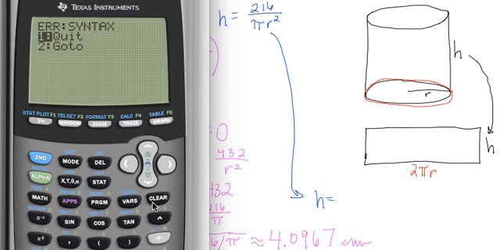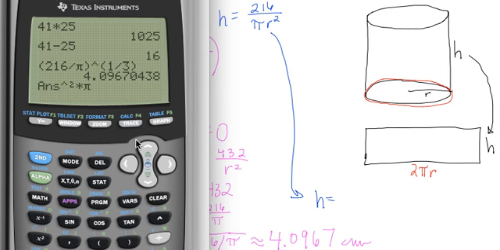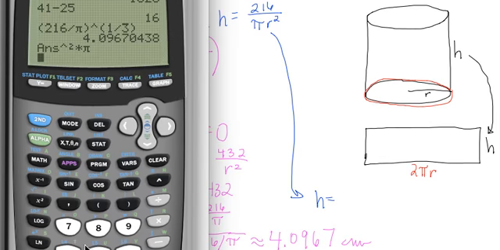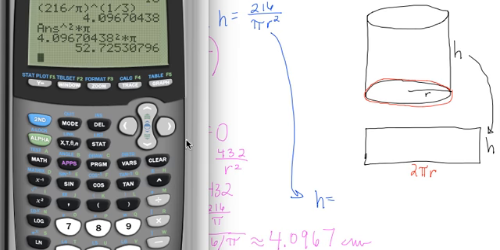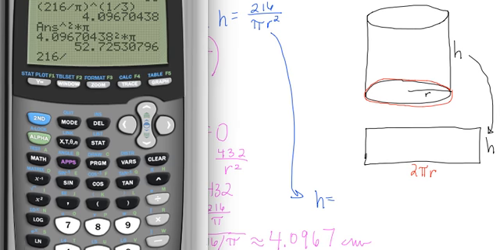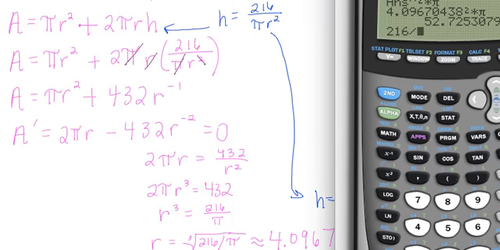I think now I have to retype it. 4.09670438. I want to square that and then multiply it times pi. Okay, there we go. I'm going to do 216 divided by that number. So the second answer is right there.